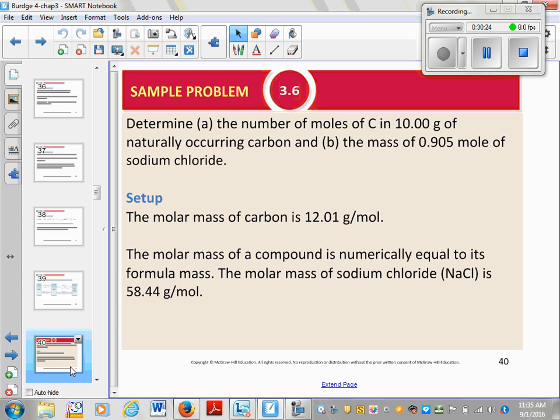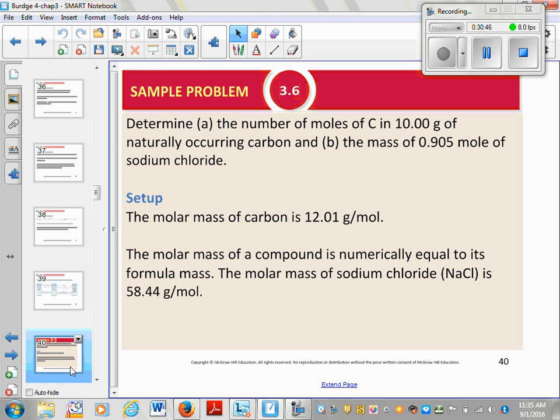And no, it doesn't matter what I call it, if I started at A or B, because it's a symmetrical map, which is why I like it. So for the bottom one, I say, okay, I have 0.905, oh, moles, I'm sorry, moles of NaCl.